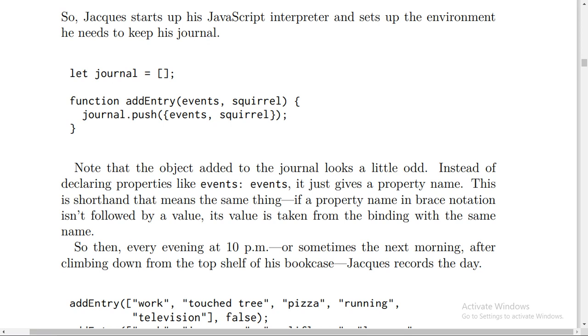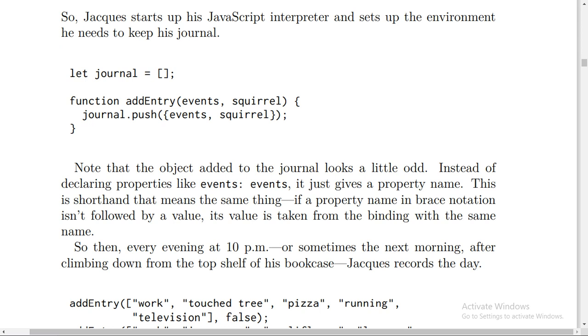Instead of declaring properties like events: events, it just gives a property name, and this is shorthand that means the same thing. If a property name in brace notation isn't followed by a value, its value is taken from the binding with the same name, by the way.